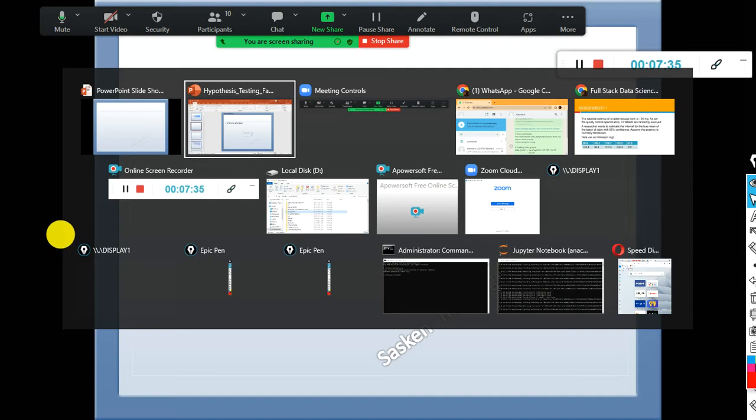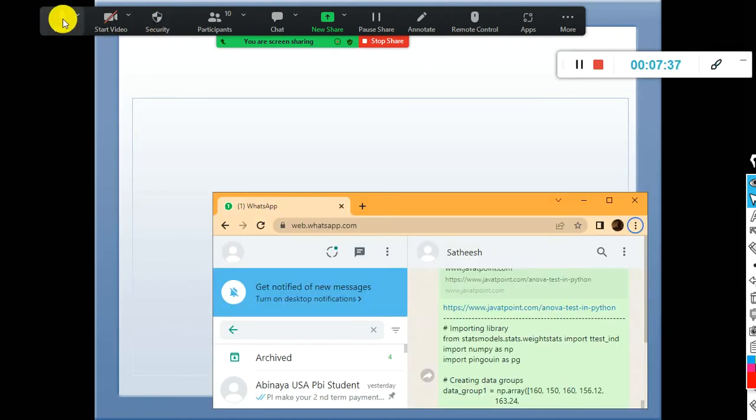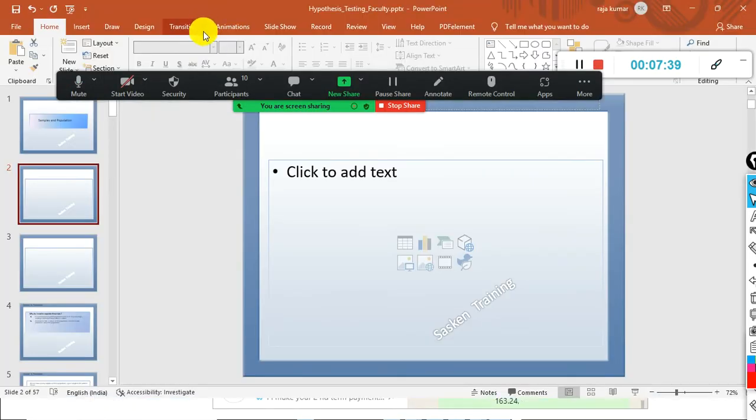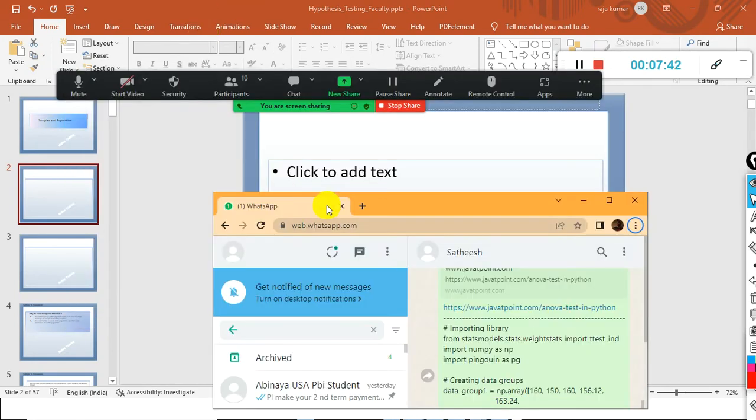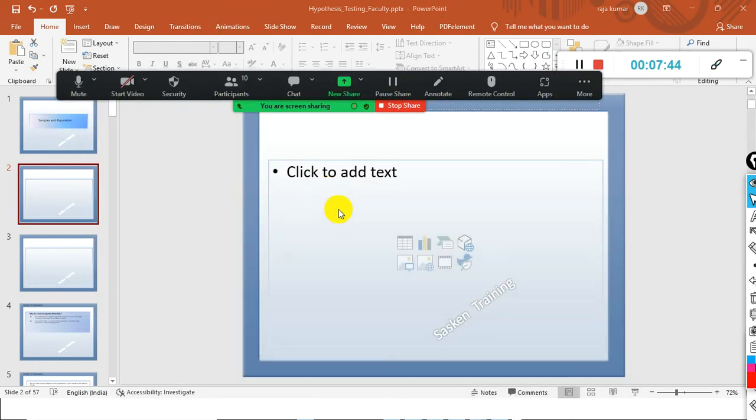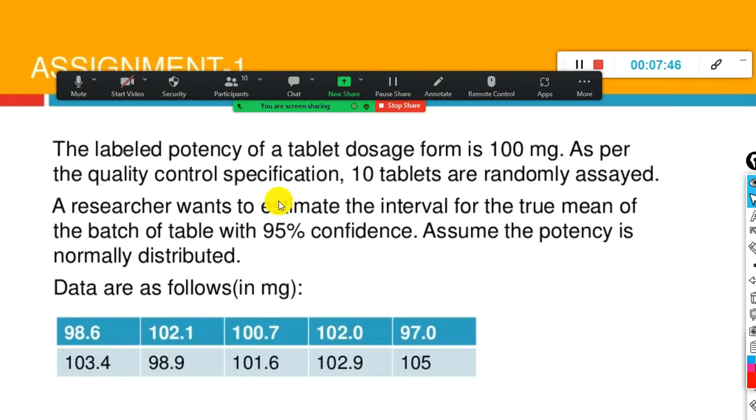So we know the mean value here. We need to compute the mean. If you add all the values, you will get the mean.